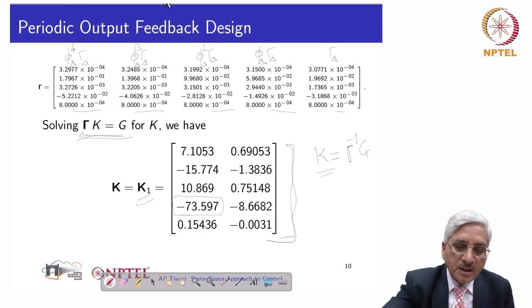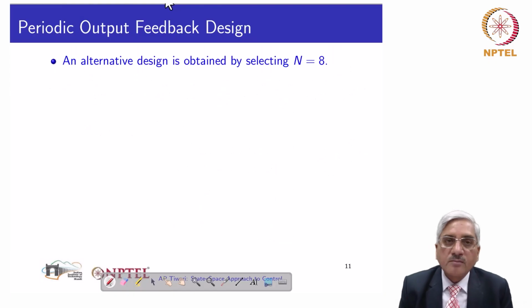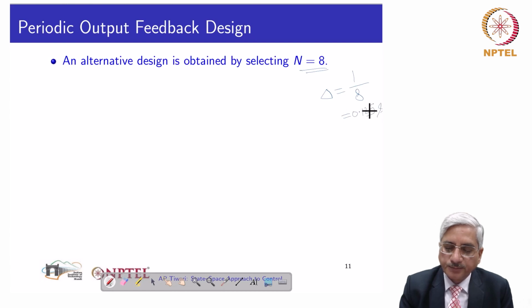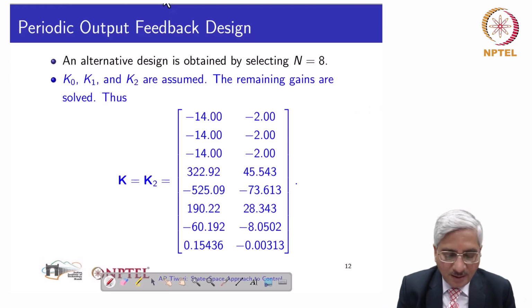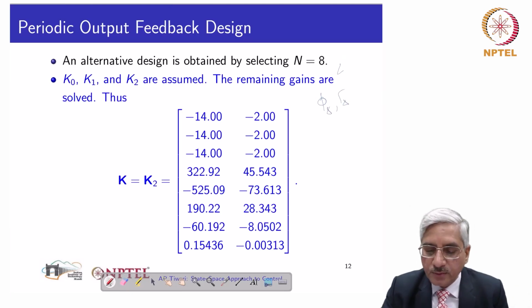We also obtain an alternative design by selecting n equal to 8. For n equal to 8, delta will be 1 second by 8, which is 0.125 second. For this we again obtain the phi delta, gamma delta system, with delta equal to 0.125.